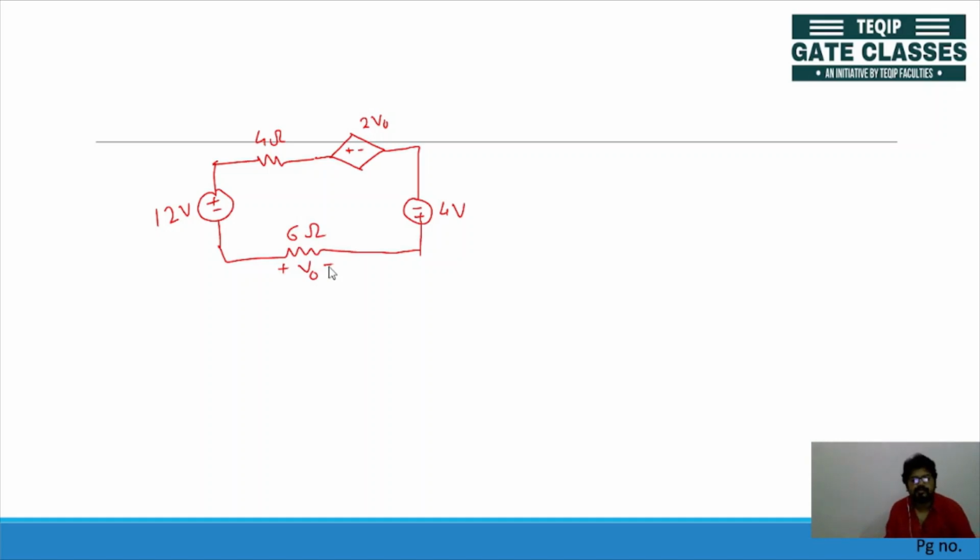Let's apply the KVL first. Suppose we have a current in this direction, it is I.